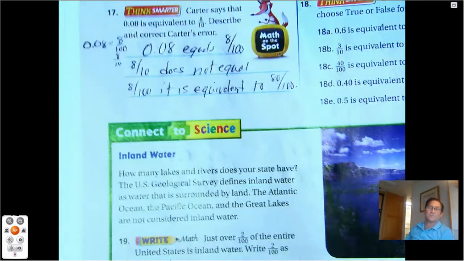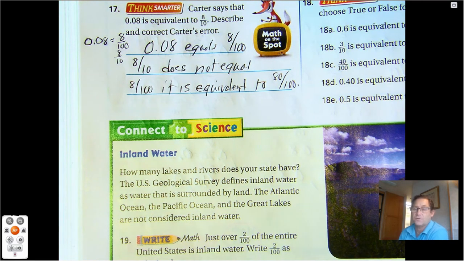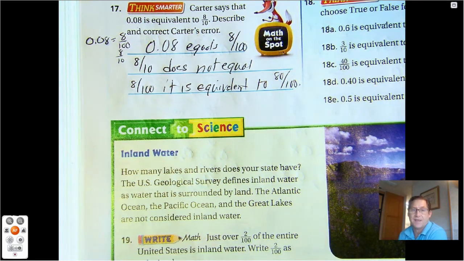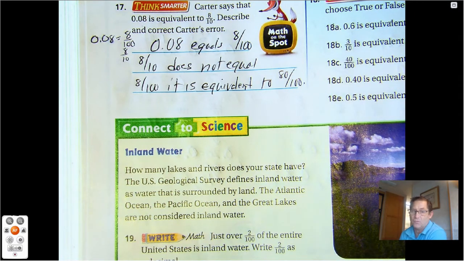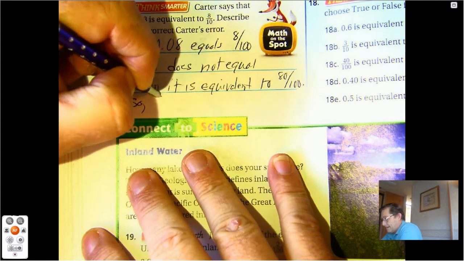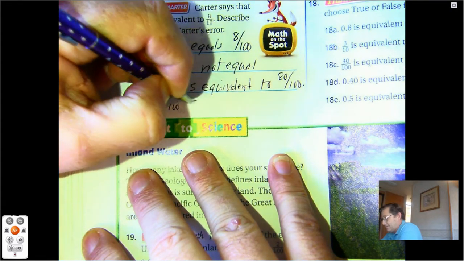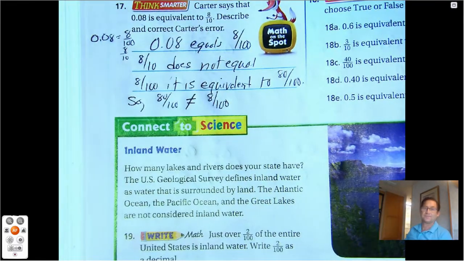Okay, so 0.08 is 8 hundredths. 8/10 does not equal 8 hundredths. It is equivalent to 80 hundredths. And so 80 hundredths is not equal to 8 hundredths.